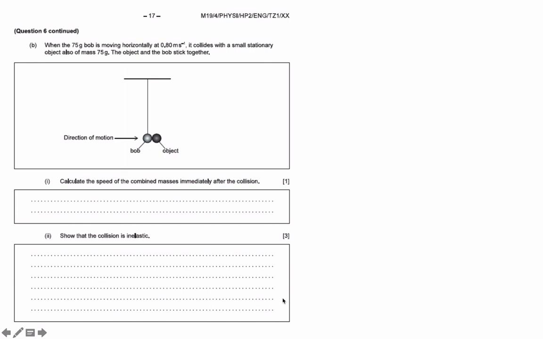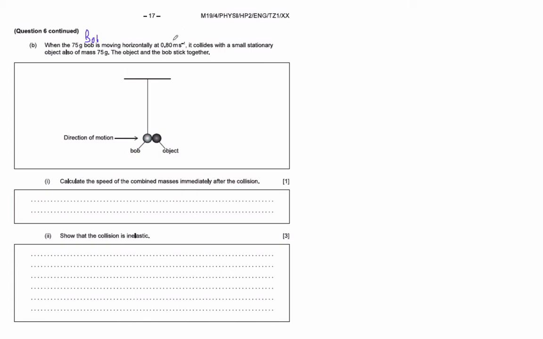All right, let's see what else there is. Oh, then they throw in some momentum. When the 75 gram bob, don't you feel like they should capitalize the bob? That's its name. The 75 gram bob is moving horizontally at 0.8 meters per second, which, by the way, it never does in the graph before. That velocity is not 0.8, I'm just going to say.